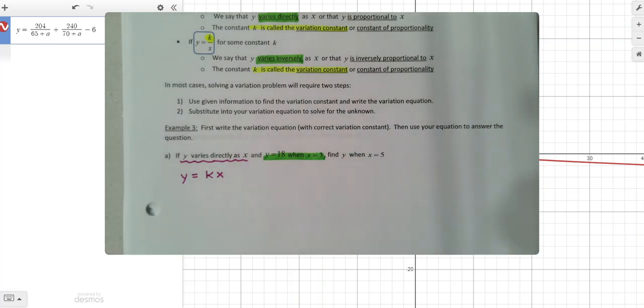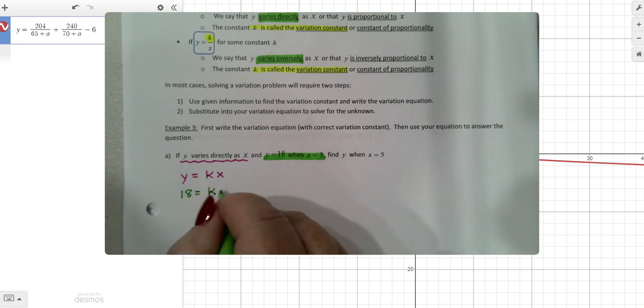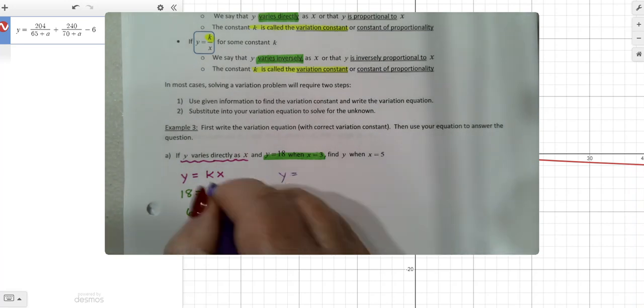So what I'm going to do is plug that information into my equation, and that should allow me to solve for the k. So y is 18 equals k times x, which is 3. And you can see that k is going to be 6 in this case. So I now know that y is equal to 6x.